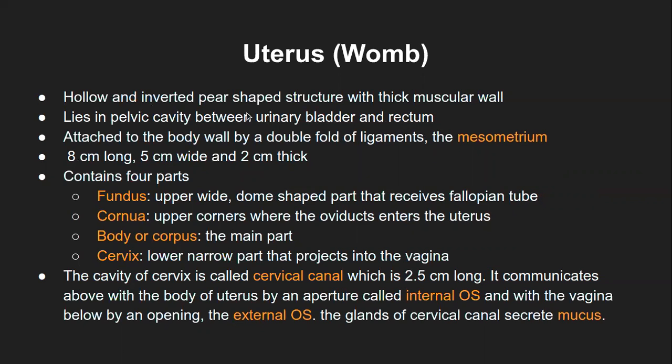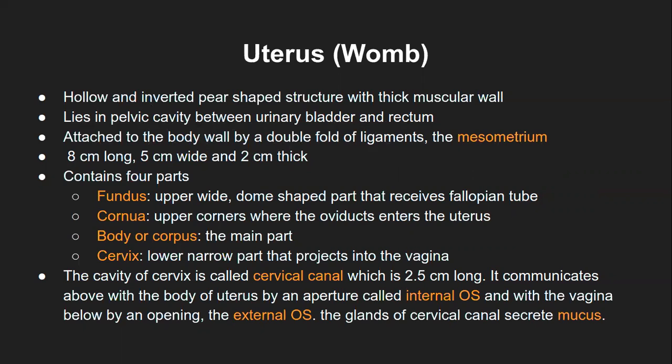In between these two, the uterus is aligned, attached to the body wall by a double fold of ligaments, that is mesometrium. The body wall is the cavity within which the uterus is lying. To that body cavity, it is attached with a double fold of ligaments known as mesometrium.